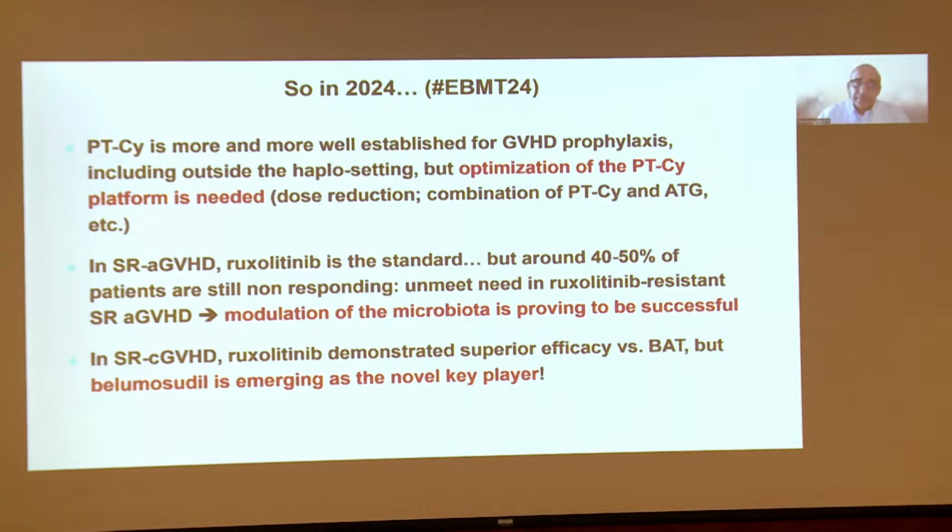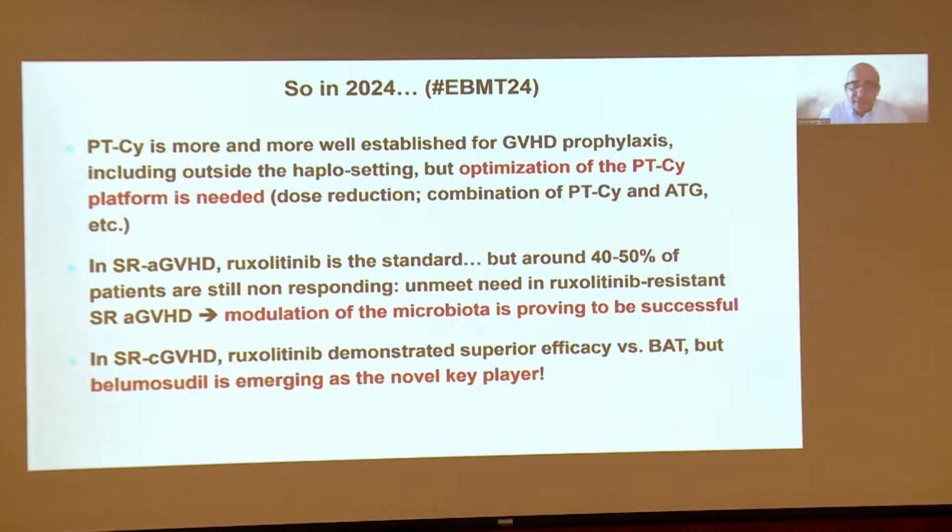So in summary, I think we can reasonably conclude that post-Cy is now well established for GVHD prophylaxis, including outside the haplo setting. However, we still need to optimize the post-Cy platform by dose reduction, maybe combining post-Cy and ATG.